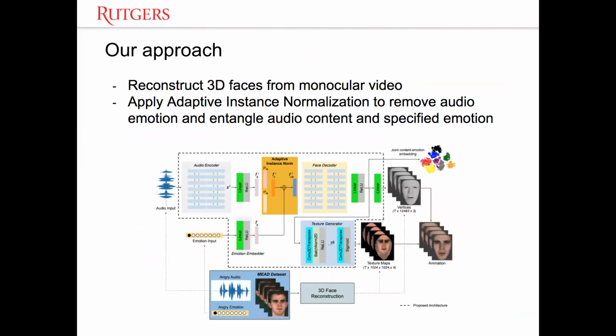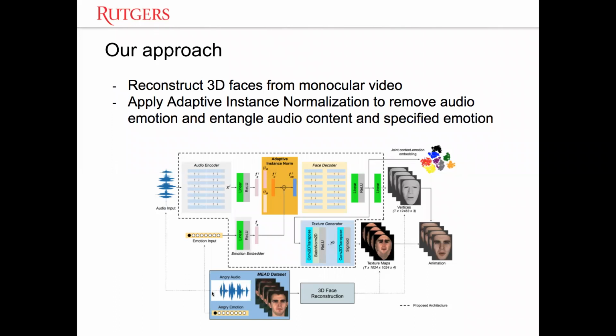And this is our approach. We start with an audio-visual data set. We have the audio, for example angry audio, with the angry emotion labels. We have the videos, a sequence of expressive image frames. We do a facial reconstruction from the images to generate the textures and the face vertices, which are morphable model based.